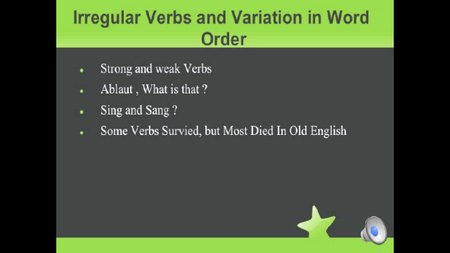Take the word sing. Sing would be our present tense, and due to ablaut, sang is past tense, and sung is the past participle. These are some of the strong verbs that have survived the transition from Old English to modern English. Most, however, did not.